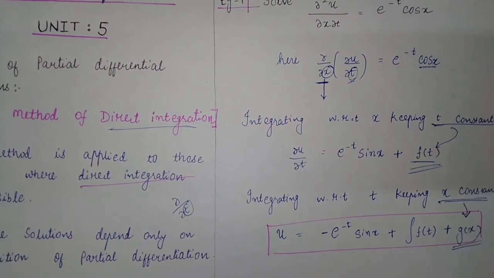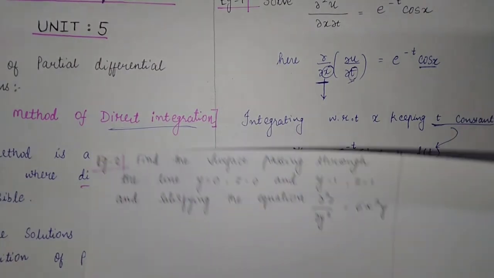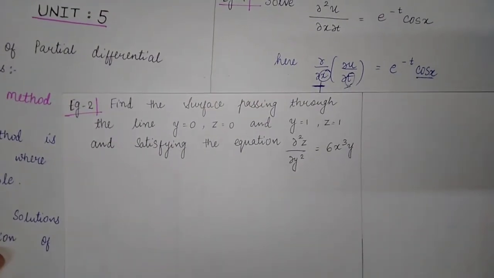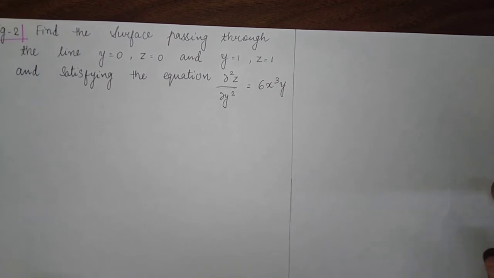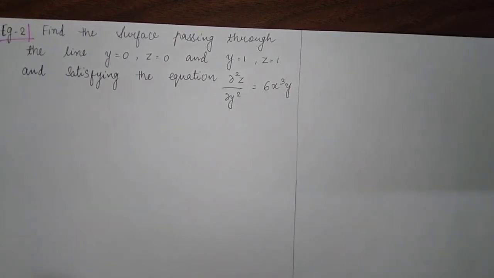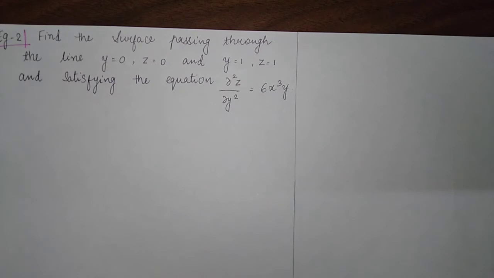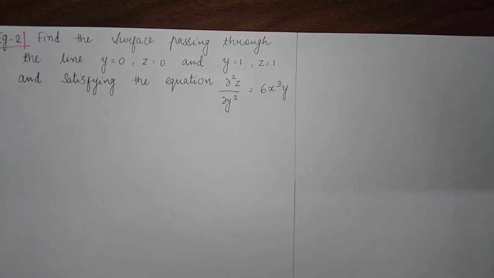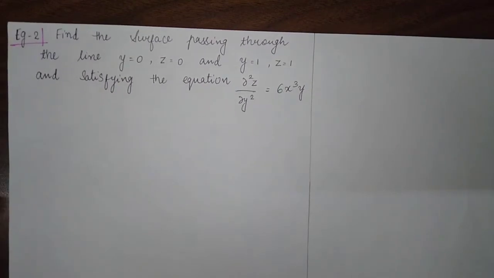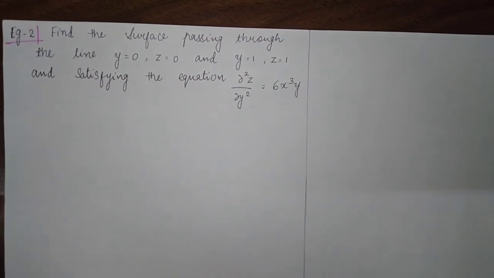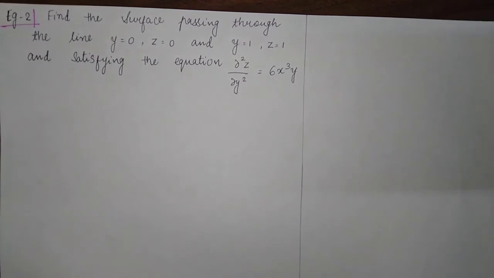So now let us see another example. Example 2. Find the surface passing through the line y equal to 0 and z equal to 0, and again two points are given, that is y equal to 1 and z equal to 1, and satisfying the equation del square z by del y square equal to 6x cube into y.